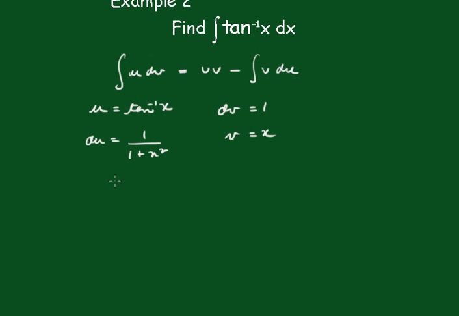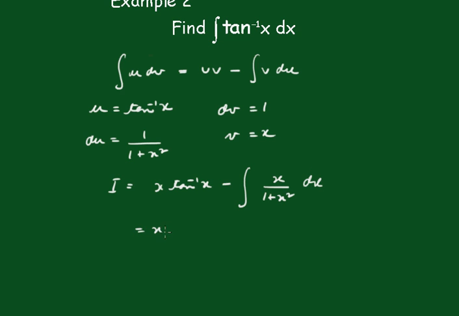Okay, so our integral becomes uv, which is going to be x tan^-1 x, minus the integral of v du, x times that, of x over 1 plus x squared dx.